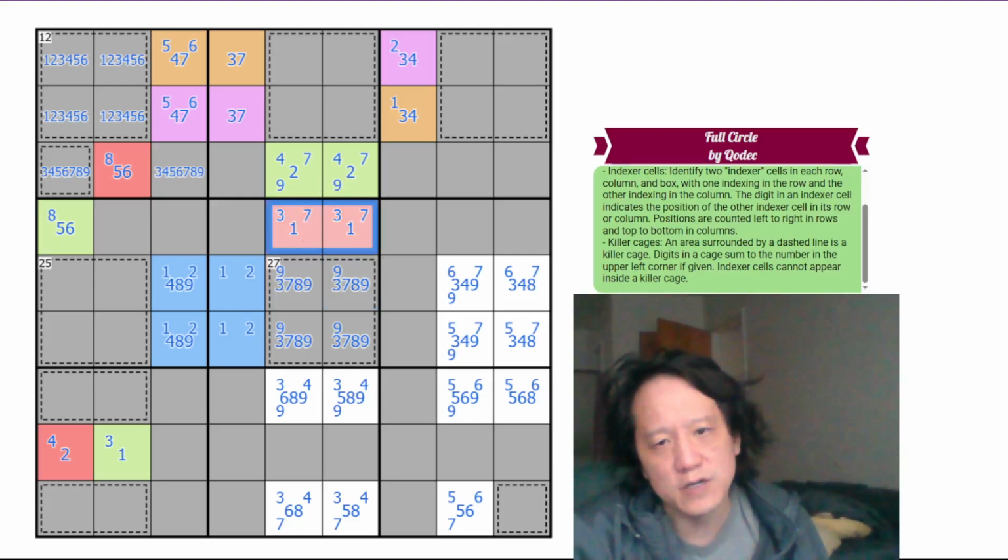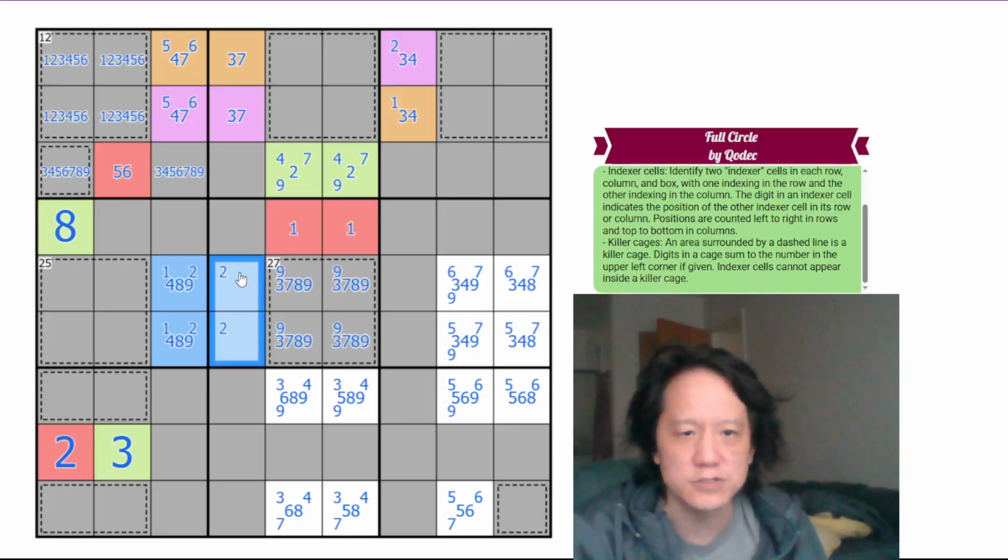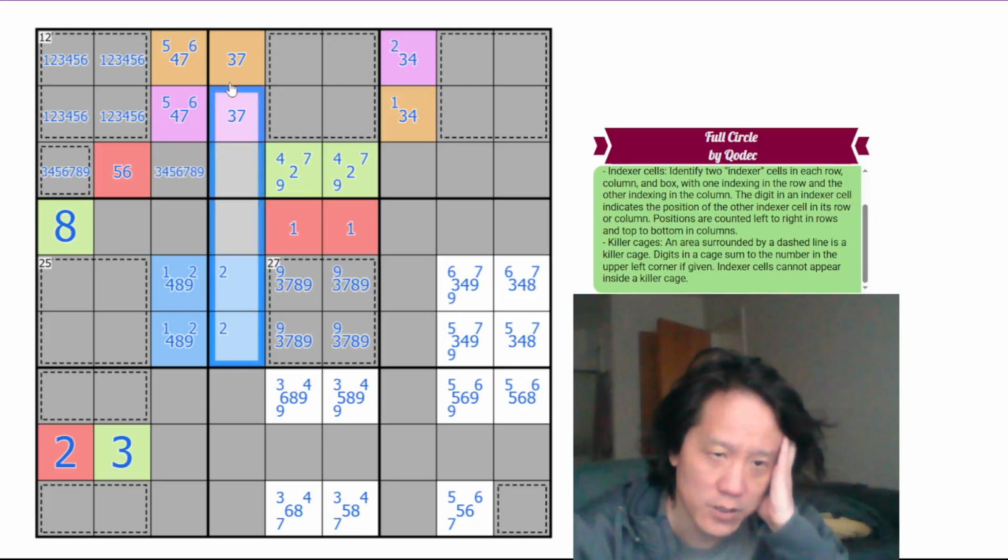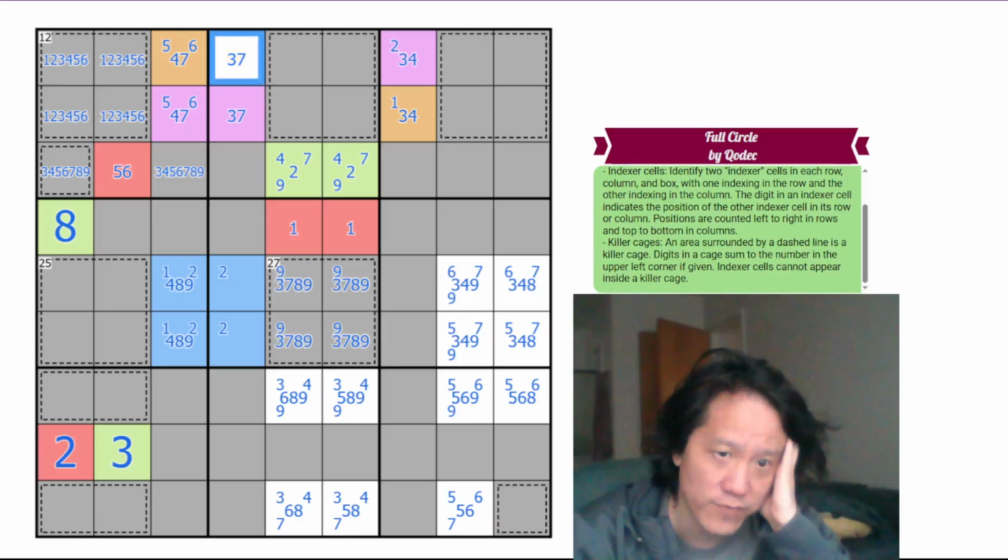And this would be indexing row here. So this would be indexing column, so that's 8. This is indexing row 2. This is indexing column 3. This is indexing row. So this is 1 here, which means this is not 1 here. So this is indexing column here, so it would be 2. So this would be indexing row, so this would not be valid.